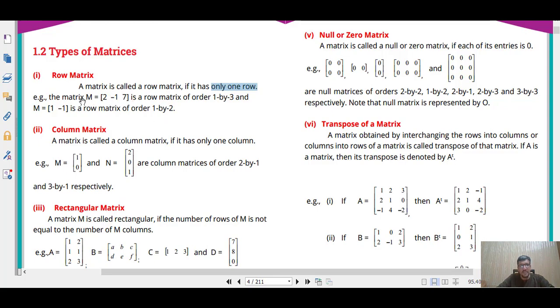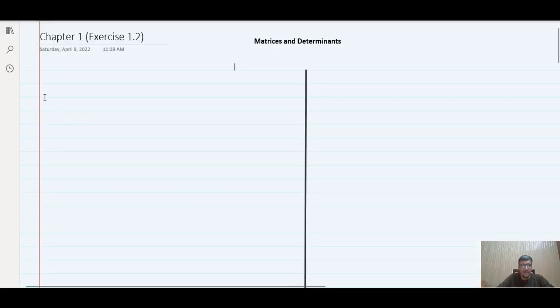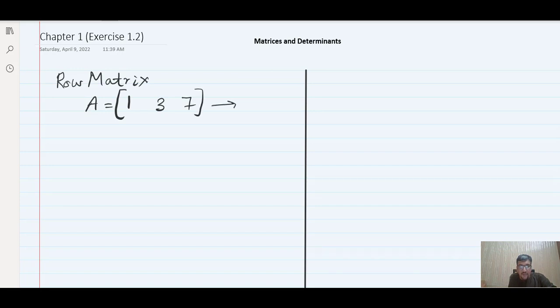So this matrix indicates that this is a row matrix. For example, I take an example of a row matrix: I say that A is equal to [1 3 7]. This will be known as a row matrix because it has only one row. And in the previous lesson we discussed that horizontal entries are known as rows.